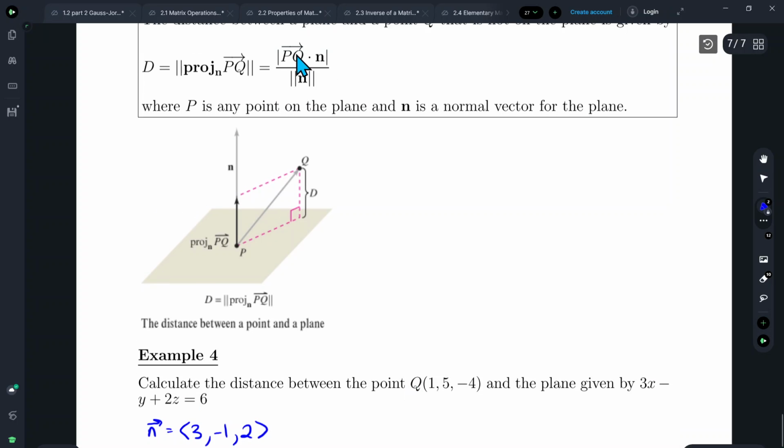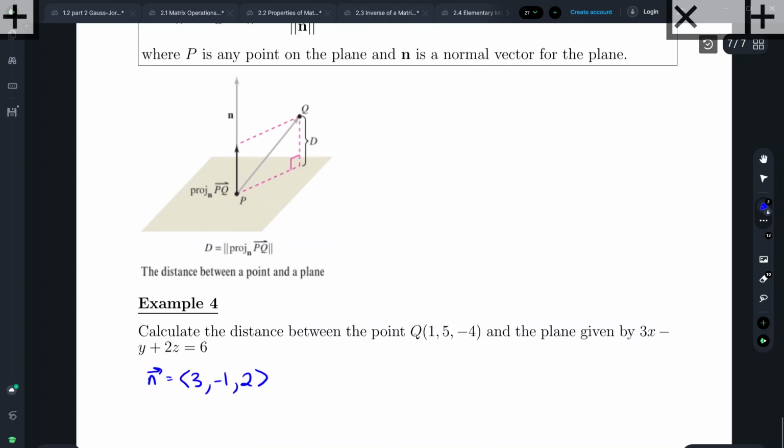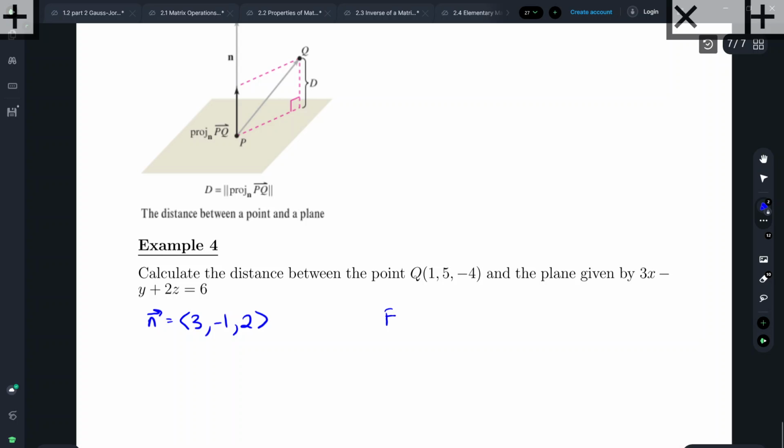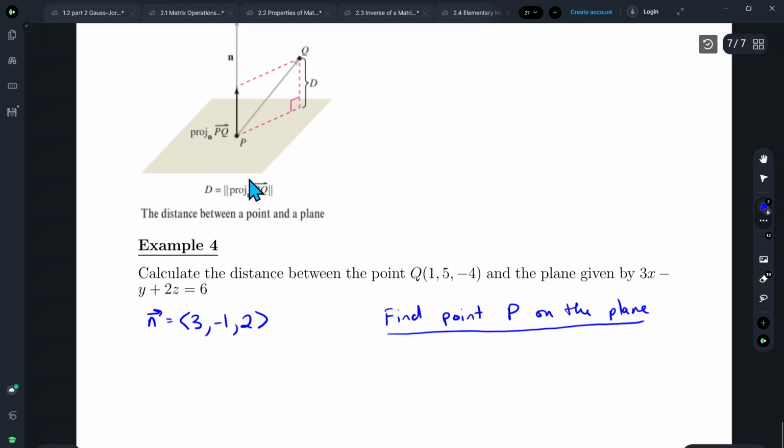We know the point Q, however, we don't have a point P. We want P to be some point on the plane, so we need to find that. It doesn't really matter which point P we locate, so we can just choose some values x, y, and z that satisfy this equation.